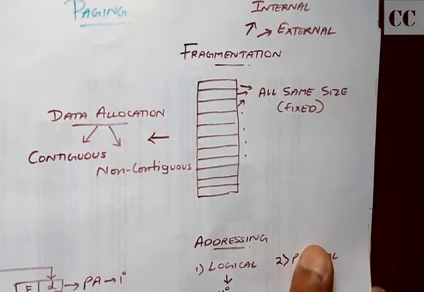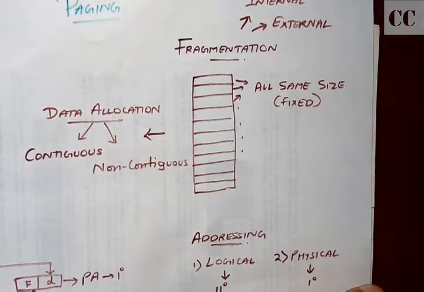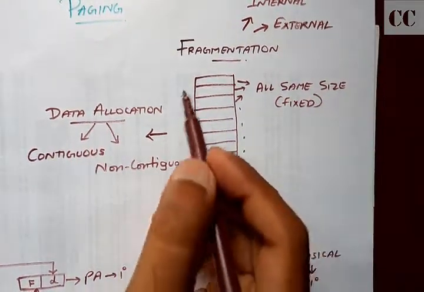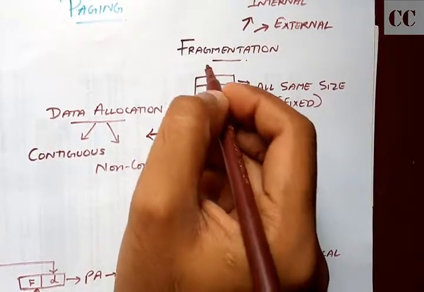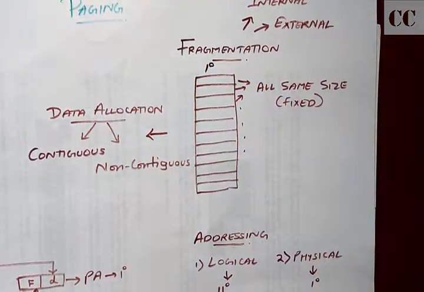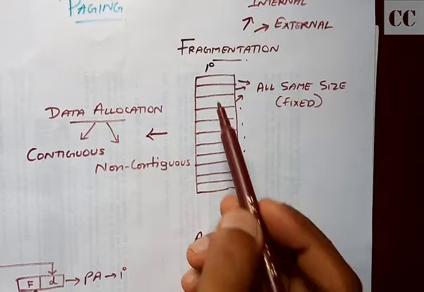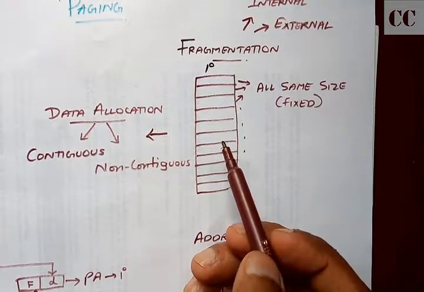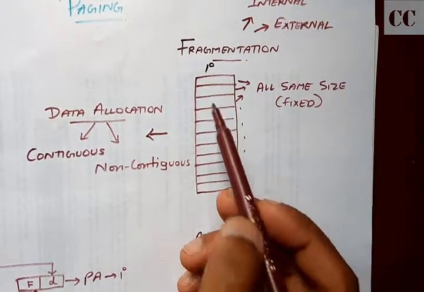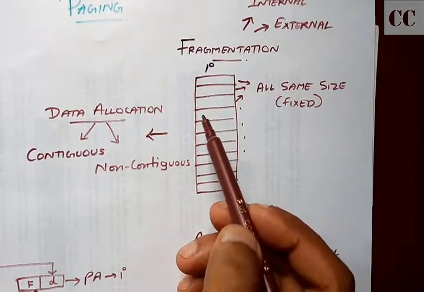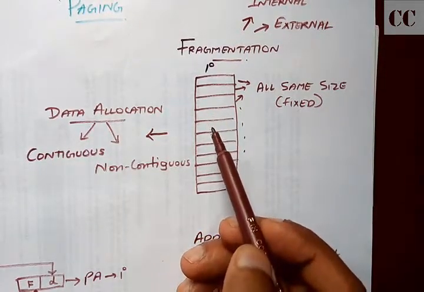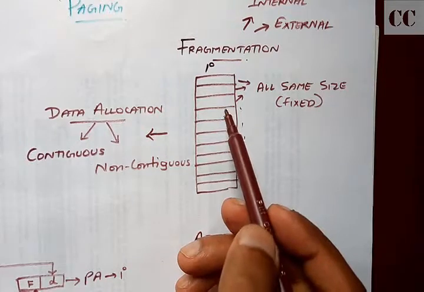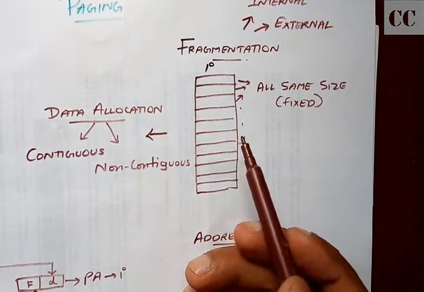Let us say we have a main memory. This is the primary storage, the main memory or RAM, and in it there are different small slots or partitions which can hold the minimum unit of data.